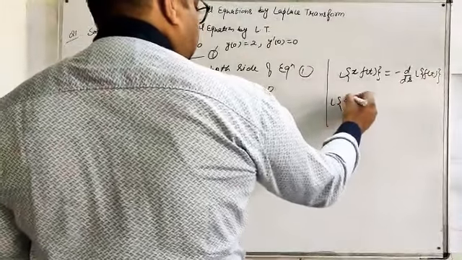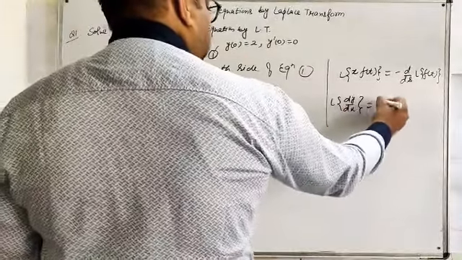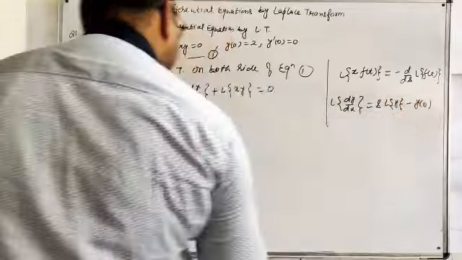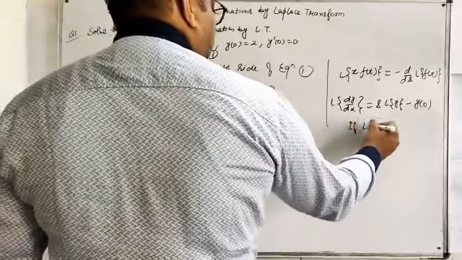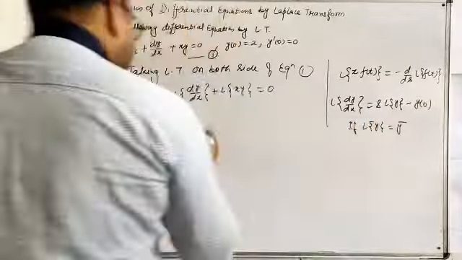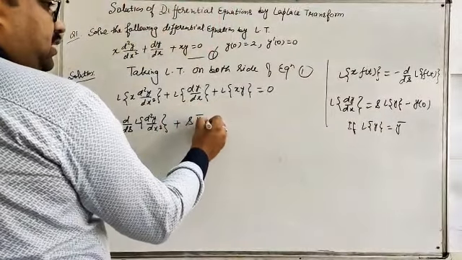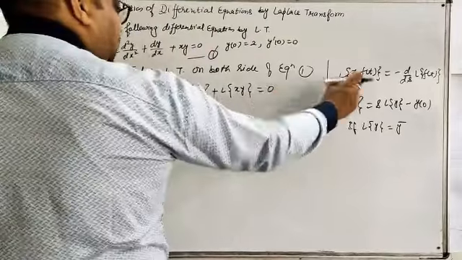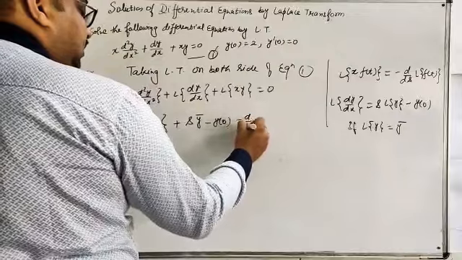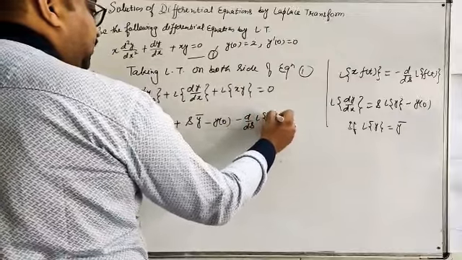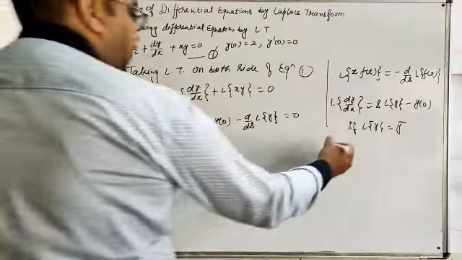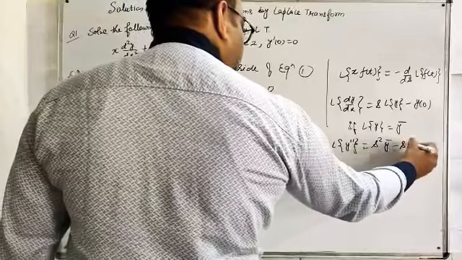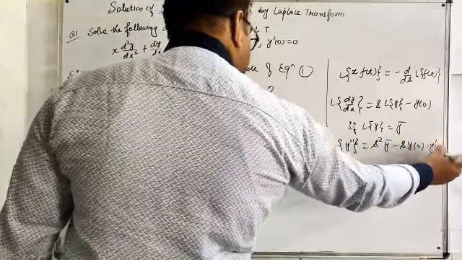The Laplace of dy over dx is s Laplace of y minus y(0), and if Laplace of y is y bar, we can write it as s y bar minus y(0), plus Laplace of xy, which we can write as minus d upon ds Laplace of y, equals 0. The Laplace of y double dash is s square y bar minus s y(0) minus y'(0).